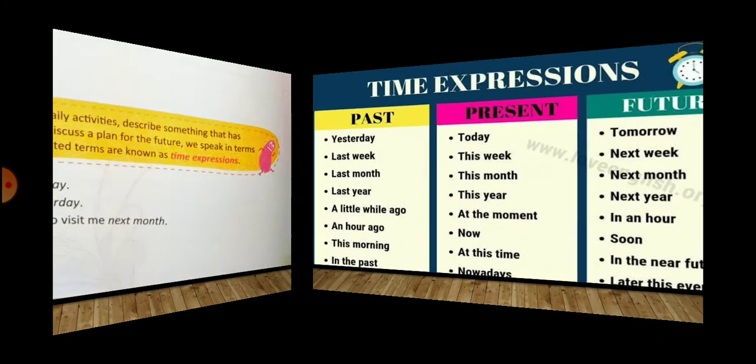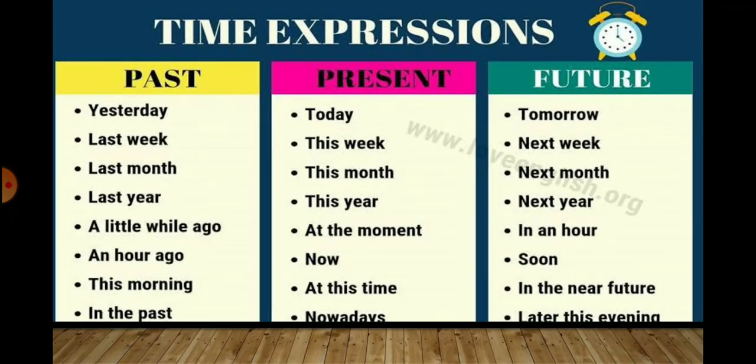expressions are. Now, whenever we talk about time expressions, we represent the verb either in the past time, present time, or future time. For doing so, we use certain words. For representing the past time, we use words like yesterday, last week, last month, last year, a little while ago, and so on.